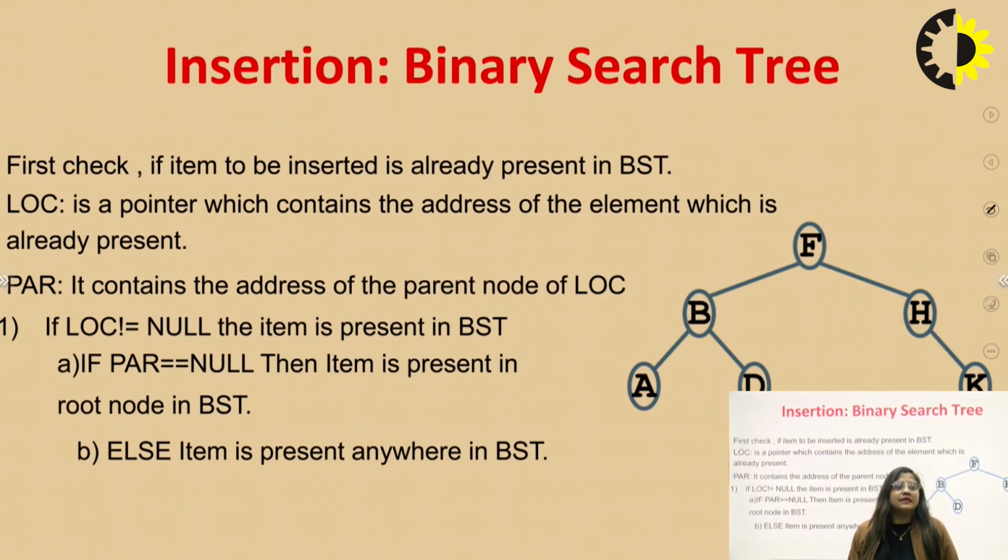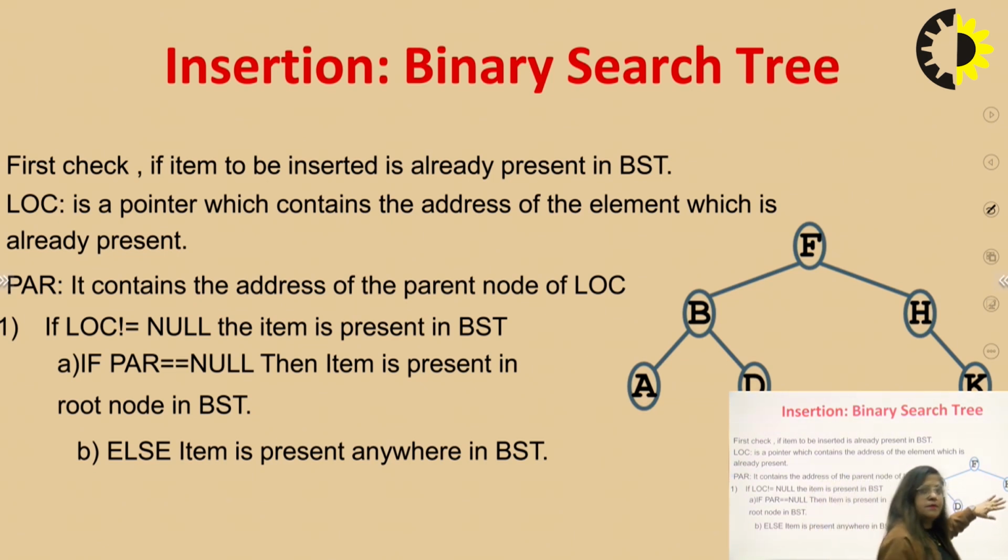Now we come to insertion. Insertion means you have a BST and now you want to insert a new number in your BST. Then follow some rules. First of all, check whether the item is already present or not. This is the BST part.